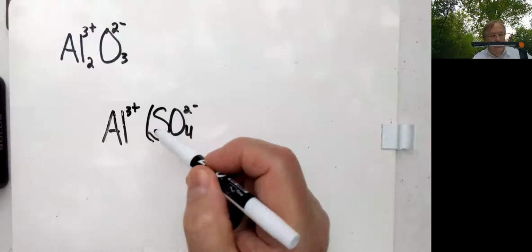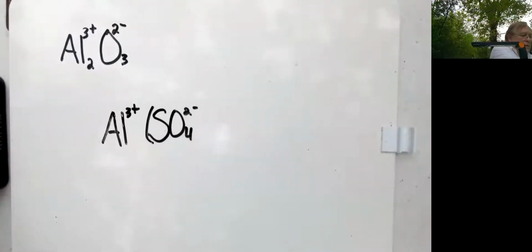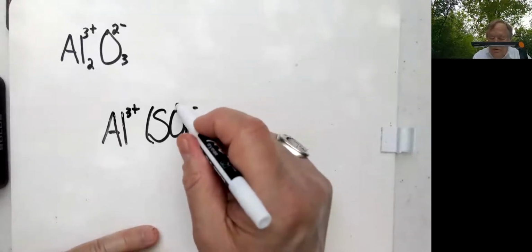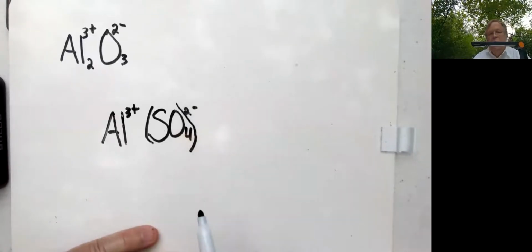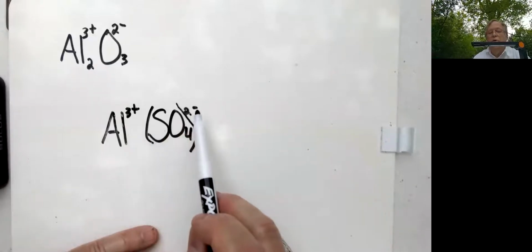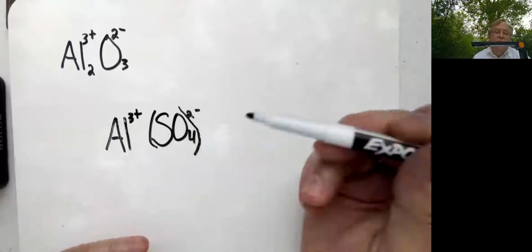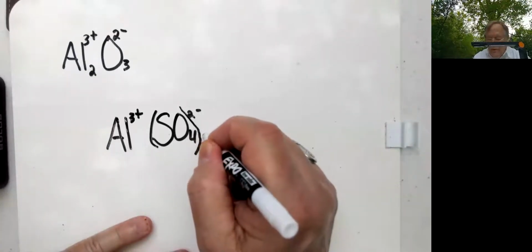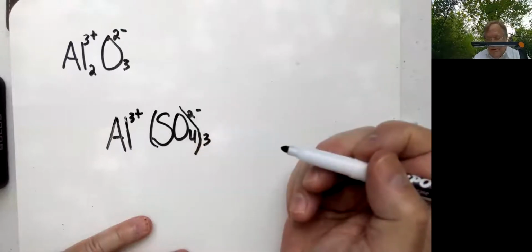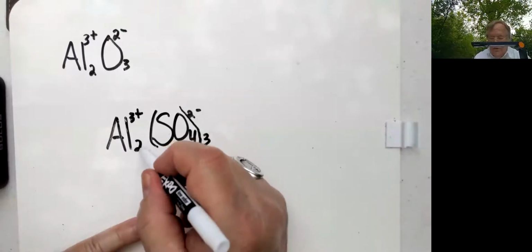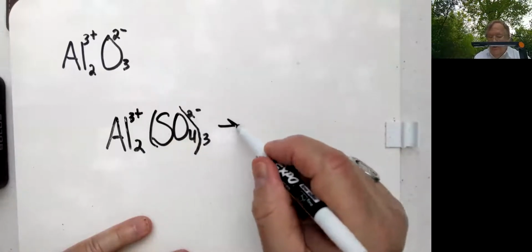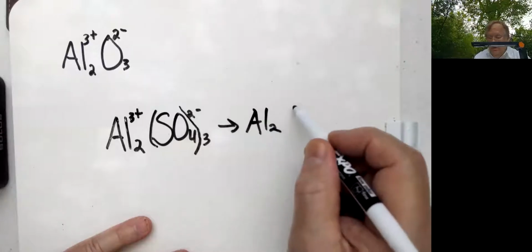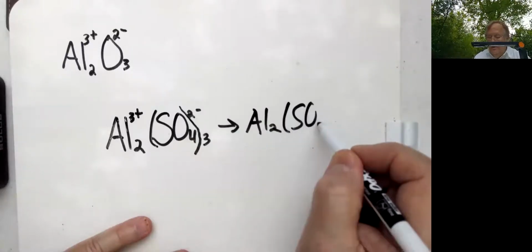Use your training wheels. Here goes the wind again. Let me clamp that down. Okay, use our training wheels if we need to. Here we go, +3, -2. The least common multiple there is 6. And so we'll put a 3 outside the parentheses and a 2 here. And so if you saw that formula written in a textbook somewhere, it would look like this.